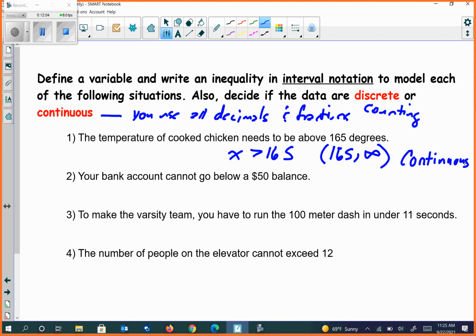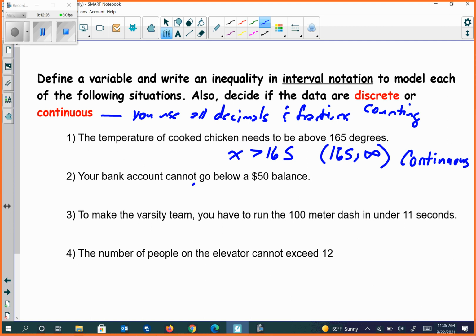Your bank account cannot go below $50 balance. Hey, can we have a negative balance in a bank account? Yeah, it's called an overdraft. Okay? Unfortunately, sometimes you might write a check or go to pay for something, and though your card will account for a certain amount, you can go negative.